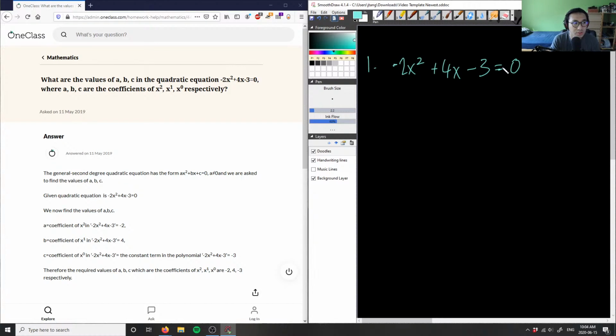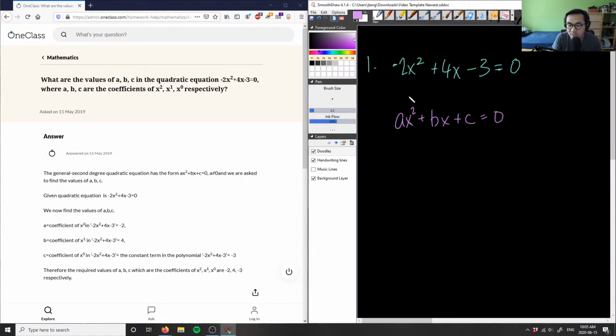So what we can do here is generalize our quadratic equation, and the general form of a quadratic equation is the following: ax squared plus bx plus c equals 0. This is the format for our general equation.